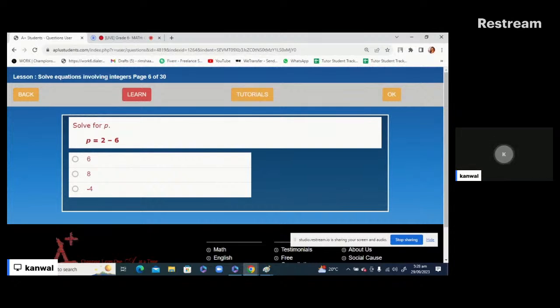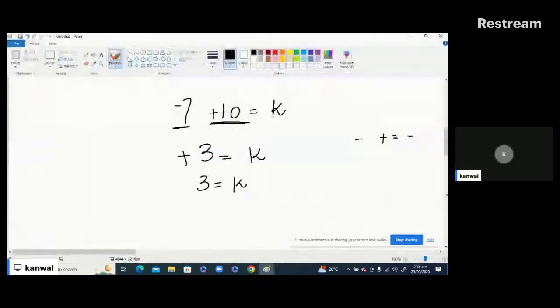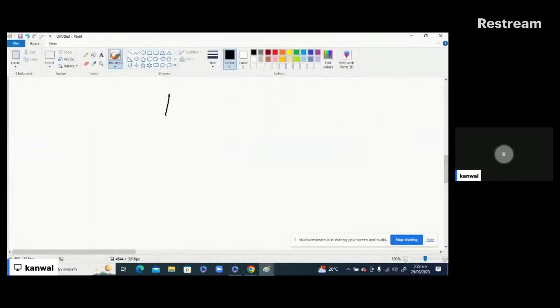2 minus 6. What's the answer for that? This is again a bit complicated, look at here. P is equal to 2 minus 6. With the 6 it's a negative sign, and with the 2 it's a positive sign. So 2 minus 6 is basically 4, like subtraction.